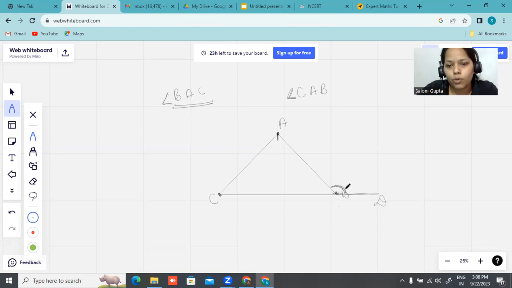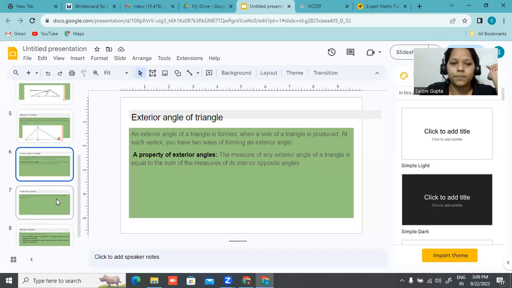If I am talking about this angle ABD, then this angle ABD will be equal to the sum of the opposite interior angles, or we can say the far interior angles. So that is, angle BCA plus angle CAB. These sum up to the exterior angle. So this is the property of the exterior angle, and we have covered what the exterior angle is.